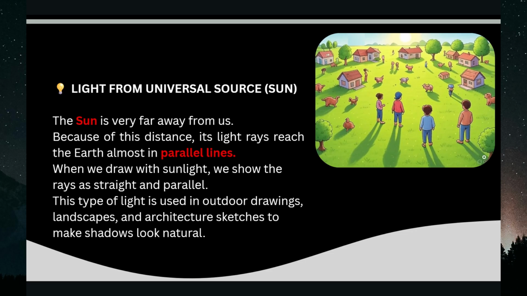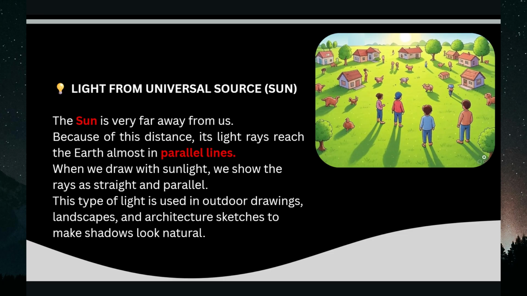As you can see on the right hand side, there's a picture of a landscape showing the shadow at about 4 to 5 p.m. in the afternoon. It is making shadows in almost the same direction. So the sun is very far away from us, from human beings.